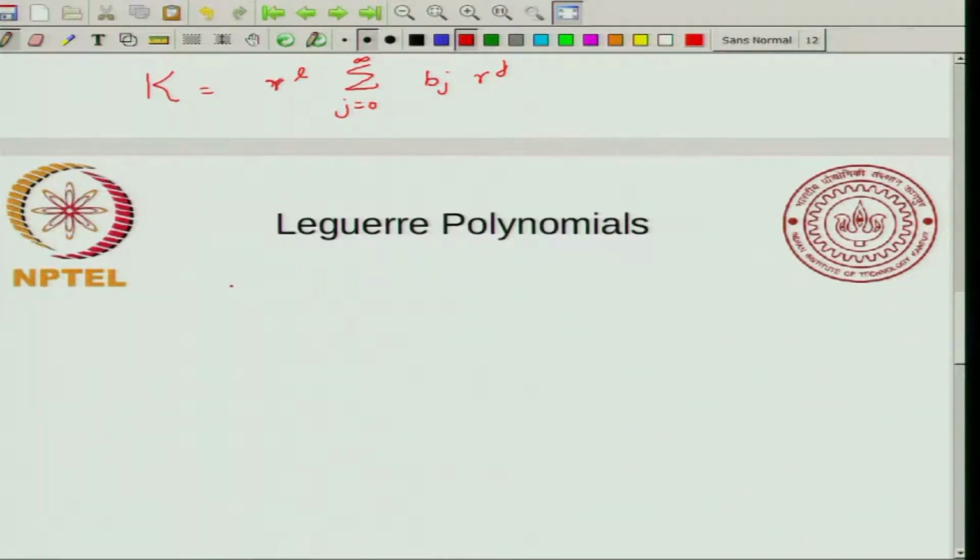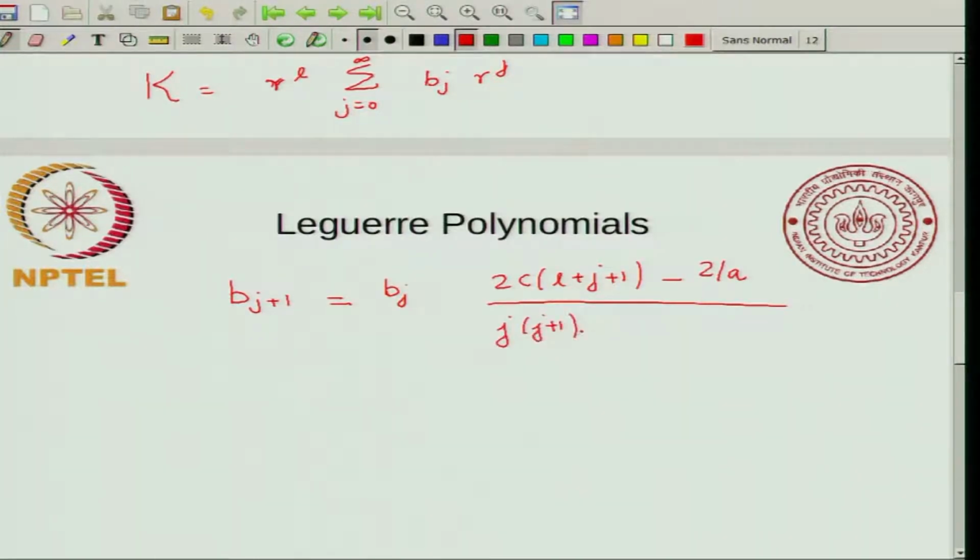If you work it out, you will get a recursion relation that looks like b of j plus 1 equal to bj times 2c (L plus j plus 1) minus 2 by a, divided by (j plus 1) plus 2 L plus 1, j plus 1.